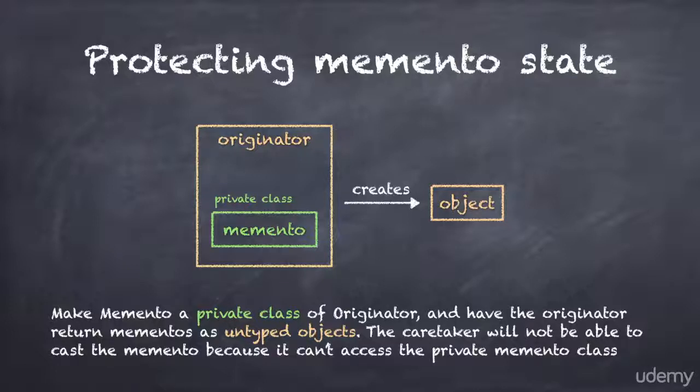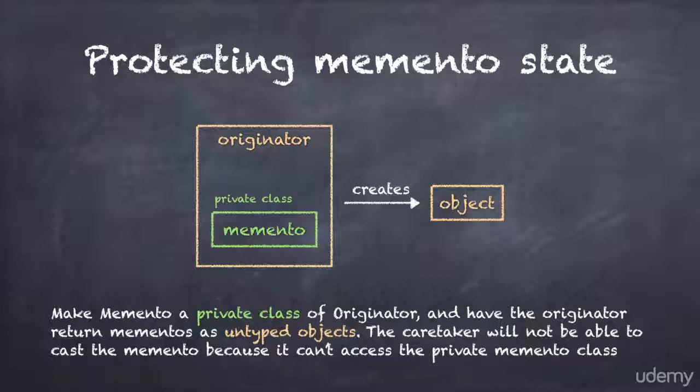However, there are a couple of strategies you can use to shield access to the state information. You can use the same trick I used in the example. You make the Memento class a private subclass of the originator, and have the originator return Memento instances as untyped objects. The caretaker will now not be able to cast the Memento, because it cannot access the private Memento class declaration.